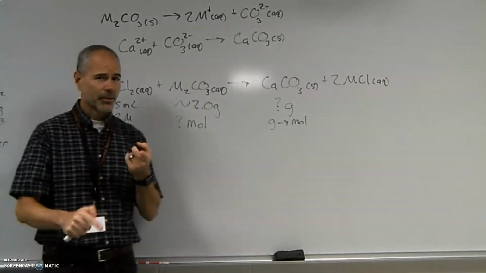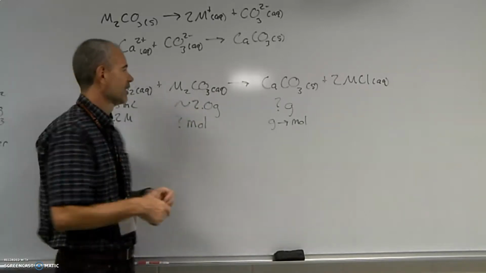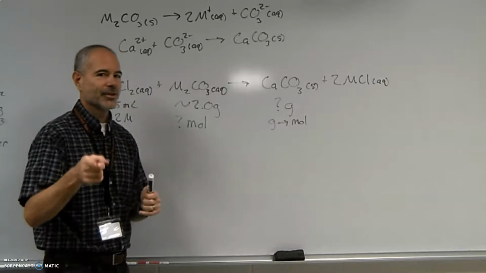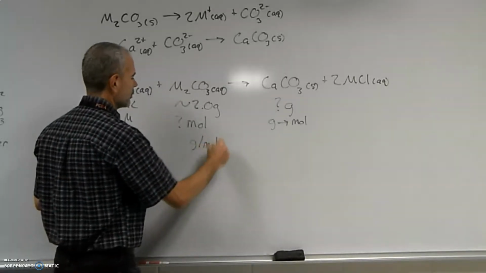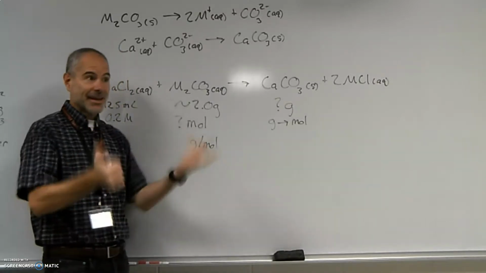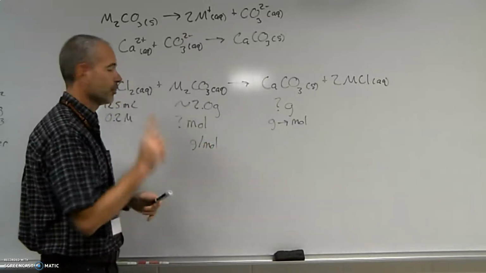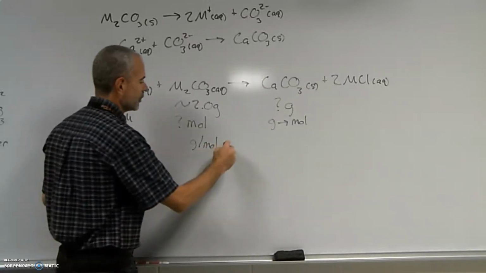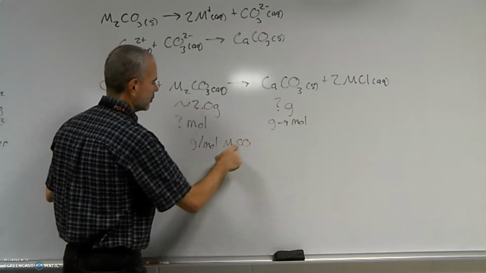If I know the moles of metal carbonate, and I know the mass of the metal carbonate, you therefore have the grams to moles of the metal carbonate. And with this information, that is the molar mass, which tells me who it is. Now don't forget, that is the molar mass of the metal carbonate as a M2CO3.